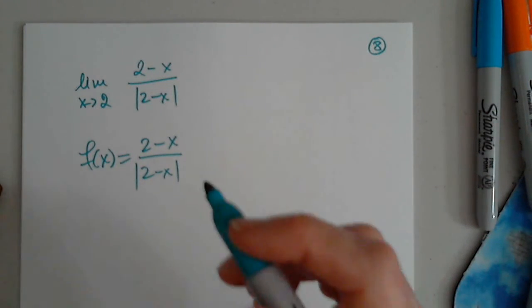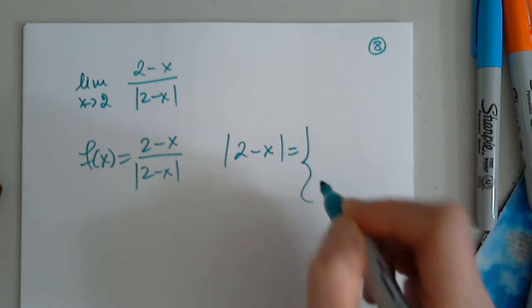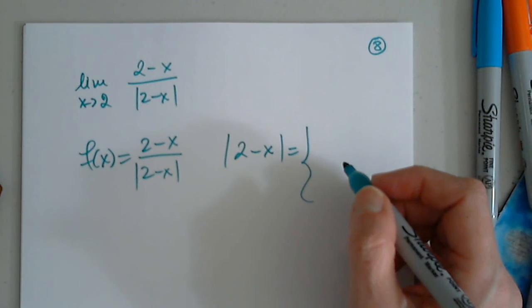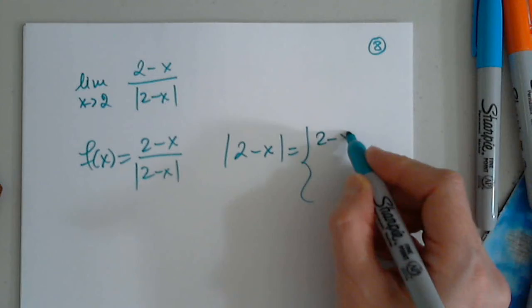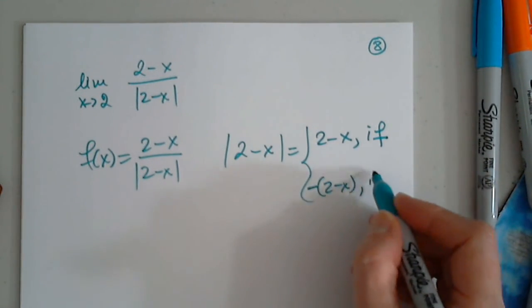So the starting point is always the absolute value of 2 minus x. So what are the options for the absolute value of 2 minus x? Would it be 2 minus x if, and negative 2 minus x if.